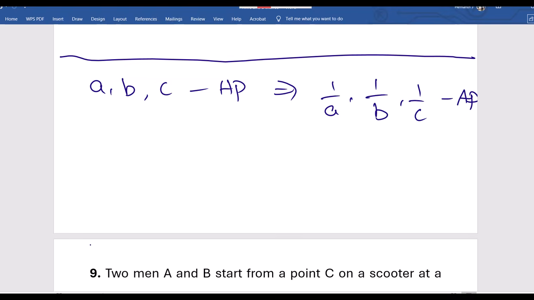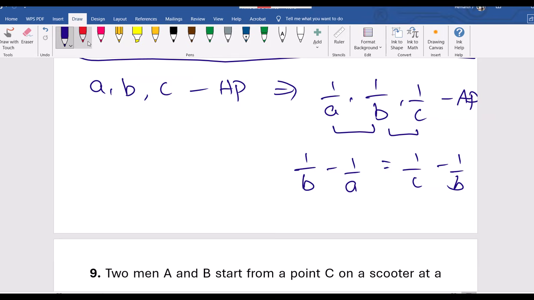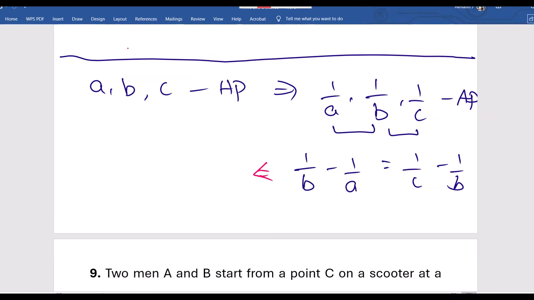In AP, the difference must be common. 1 by B minus 1 by A must be equal to 1 by C minus 1 by B. This minus 1 by B will go to that side and it will become 2 by B. 2 by B equals 1 by A plus 1 by C. If we shuffle, this gives B equals 2AC divided by A plus C. That proof I have given now.